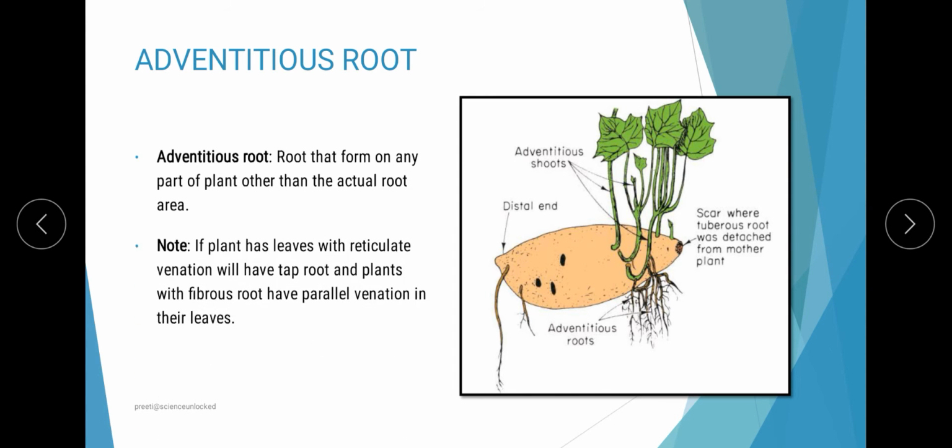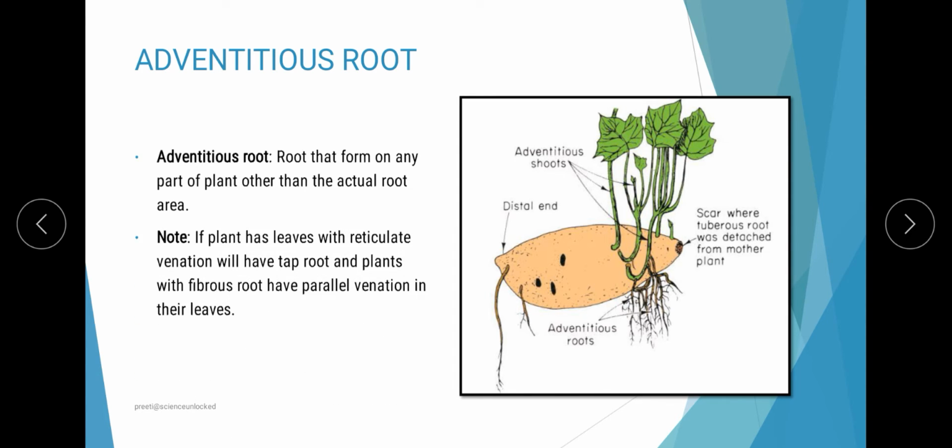To observe the root system, you need to dig out the plant or pluck it out. To make it easier and avoid that process, we can simply observe the leaf venation, because there is a direct interrelation between the kind of root a plant has and the kind of leaf venation it has.